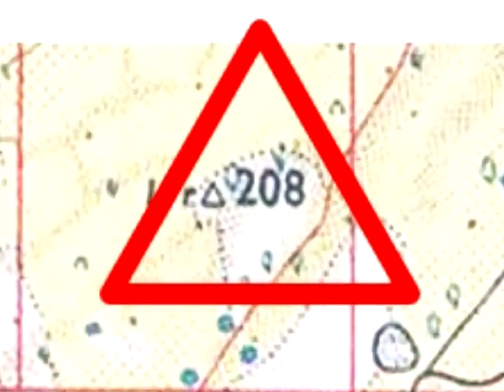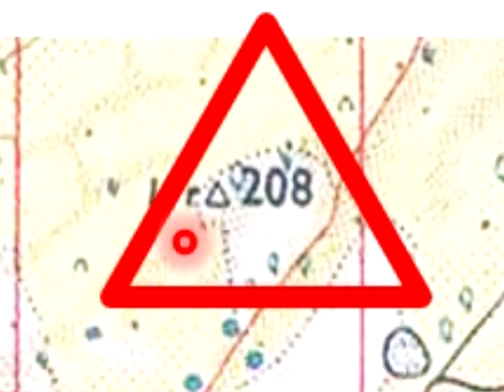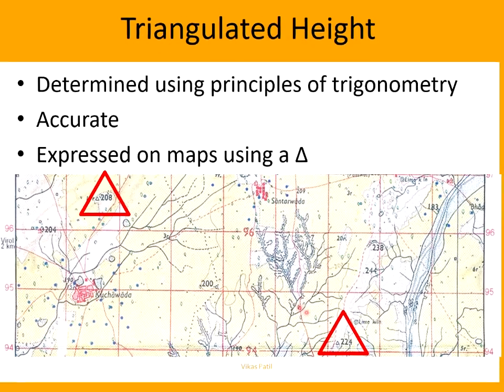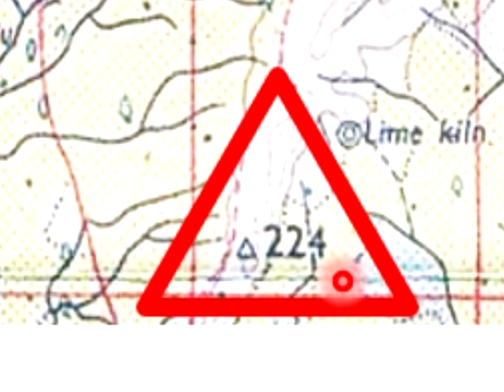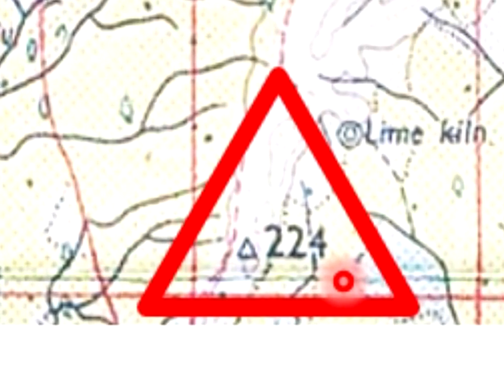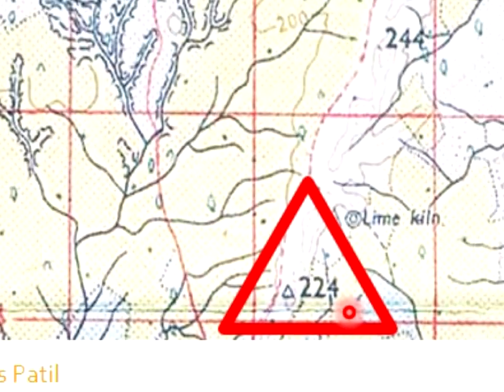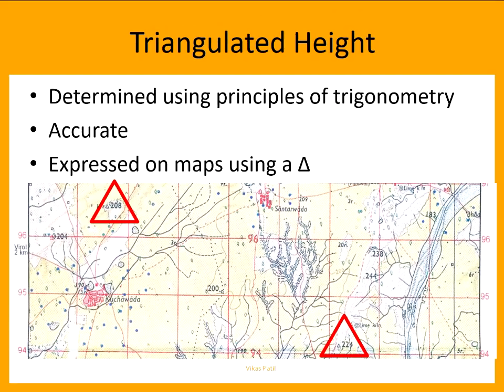So what this means is that the triangulated height of this place is 208 meters from the mean sea level, and this would mean the triangulated height of this place is 224 meters from the mean sea level. Remember, you must mention from the mean sea level.